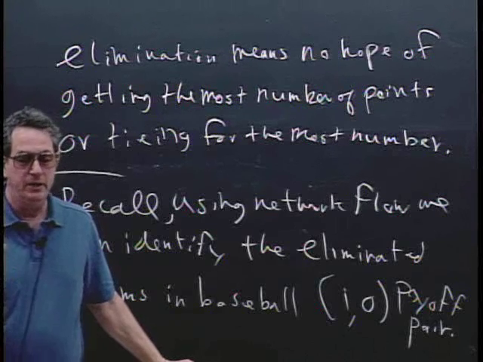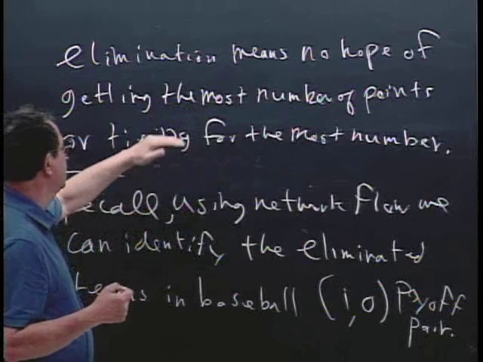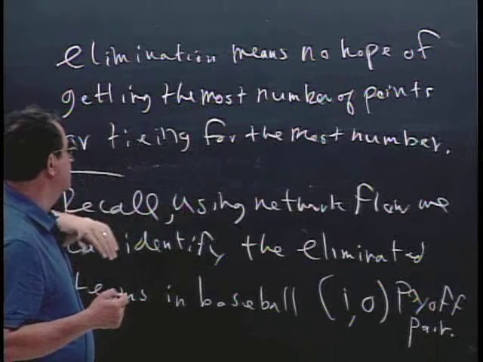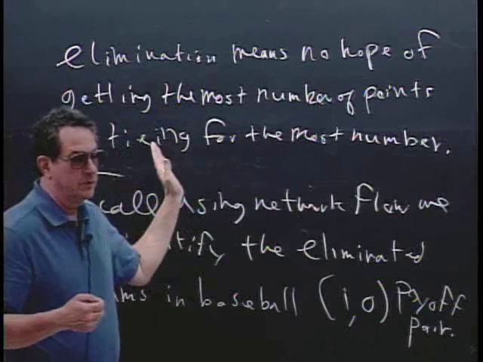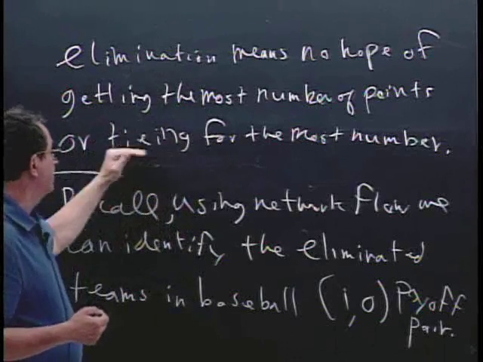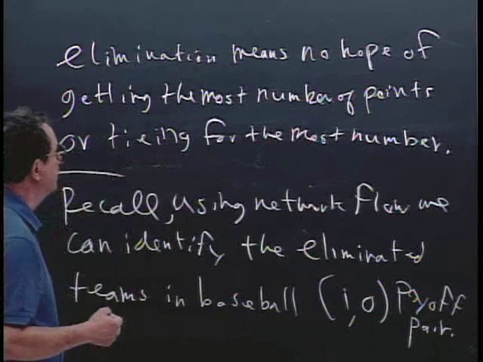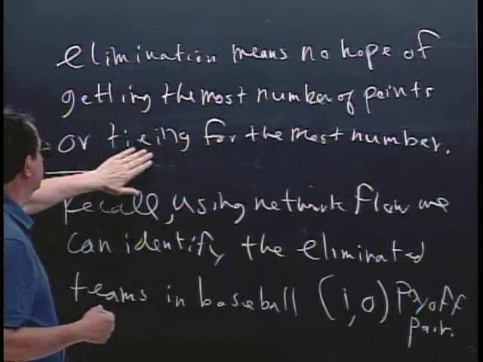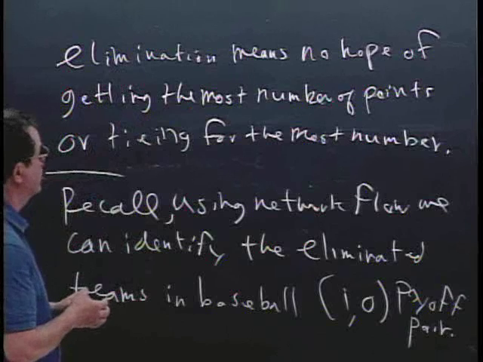That is, can it have strictly more points than any other team? So we want to take this question but eliminate the possibility of tying. And it turns out that's a much more difficult question. So this is the classical question that was examined for 30 or 40 years even.